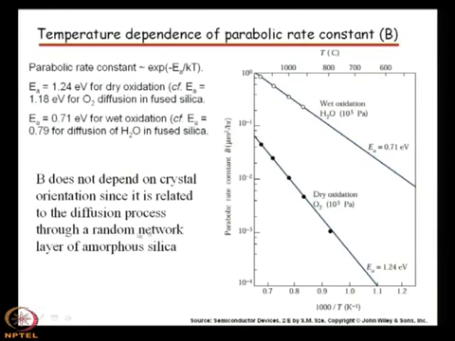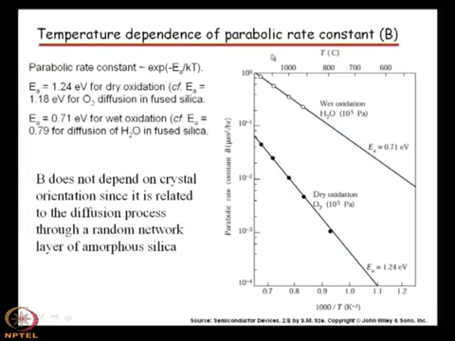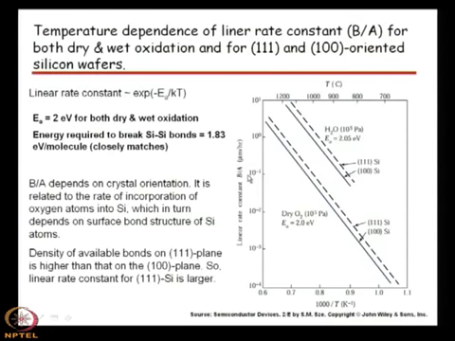Since it is a diffusion process through a random network, it is a random process, and in a random process the orientation dependence does not exist. So, the difference is that the parabolic rate constant does not depend on crystal orientation, whereas the linear rate constant does.